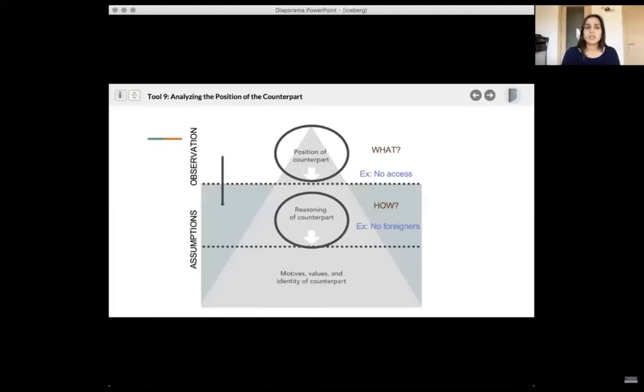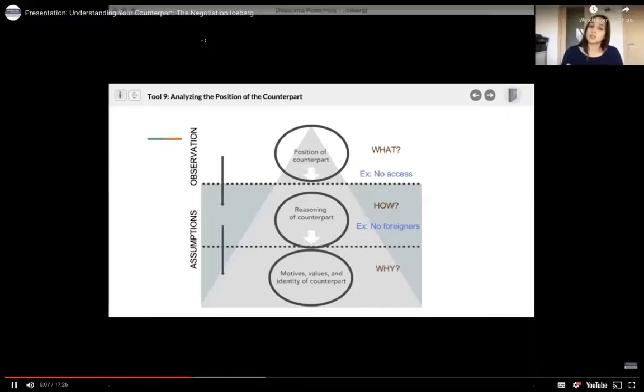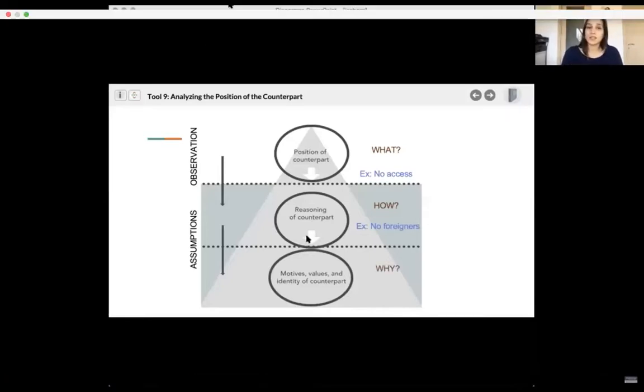So we already start to get a better sense of how the commander got to a certain behavior and to a certain position. Again, we could stop here, or we could go even deeper and try to analyze the motives, values, and the identity elements of the counterpart. There we want to understand why is the counterpart reasoning in a certain way, and how did he make that decision?